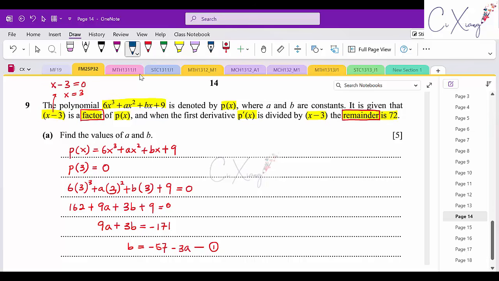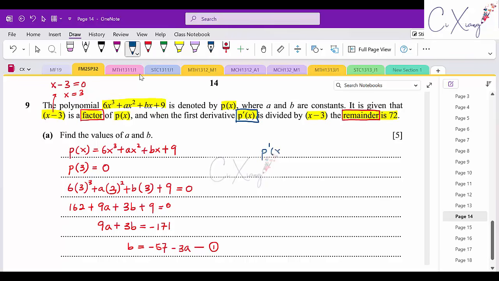Then let's look at the second part of the question. They said when the first derivative P prime x is divided by x minus 3, the remainder is 72. So let's find P prime x first. P prime x means you differentiate the polynomial.